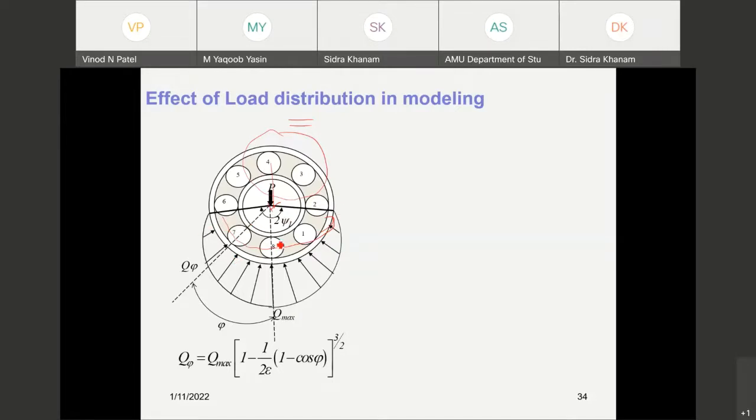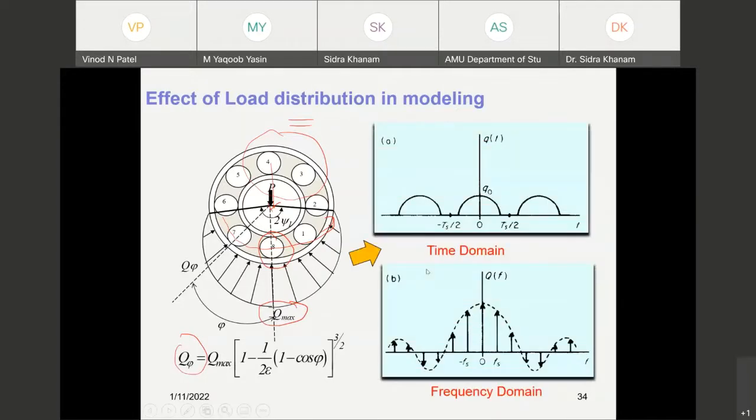Here this particular ball, ball number 8, is under heavy load. So the load acting is Q maximum over here, and for any other condition we can derive it by Q phi.